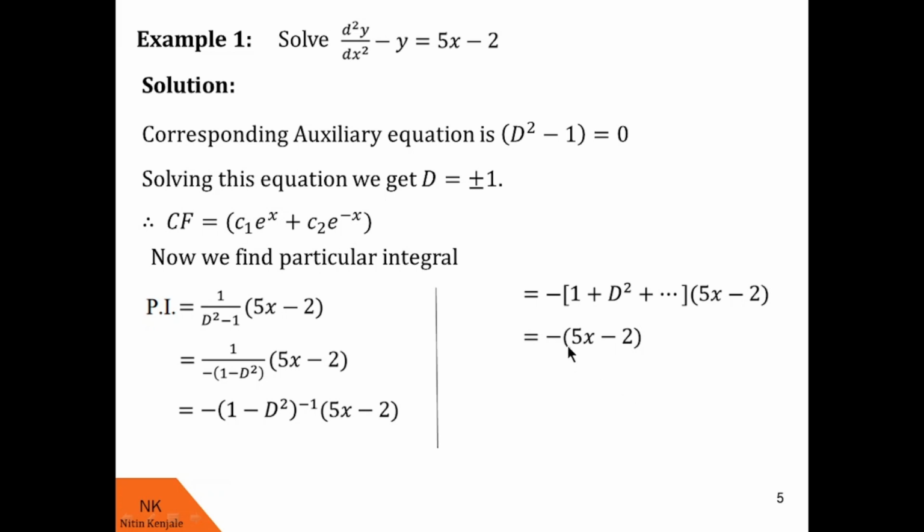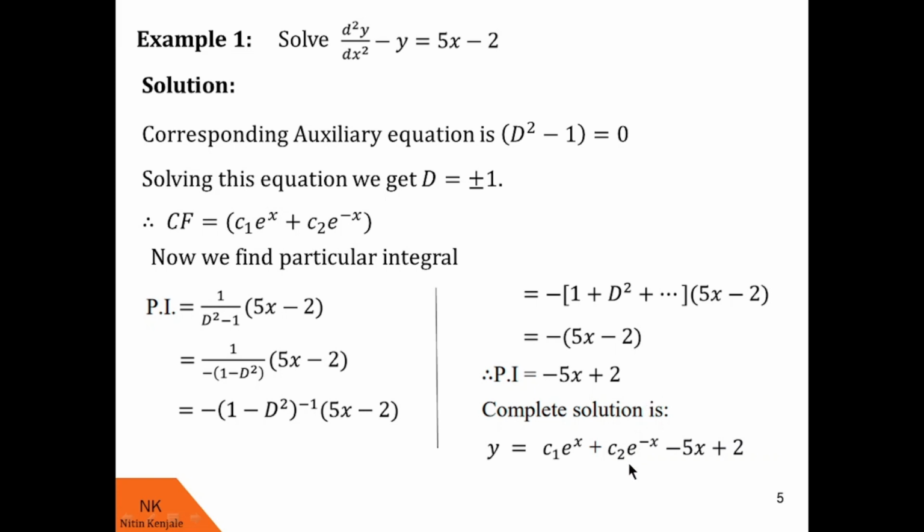So here the corresponding particular integral is minus of (5x minus 2). Now finally, to write the complete solution of this differential equation, we add the complementary function and the particular integral. So the complete solution is given as c1 e raised to x plus c2 e raised to minus x minus 5x plus 2. I hope you understood every step of this solution.